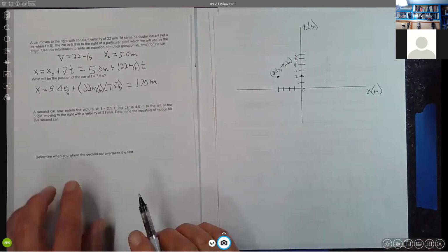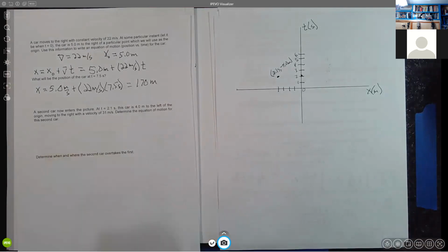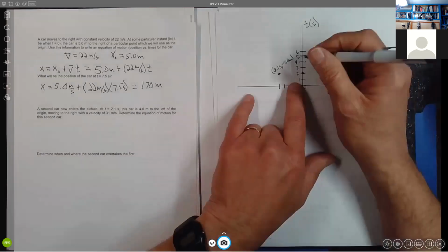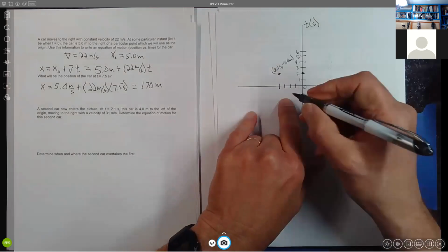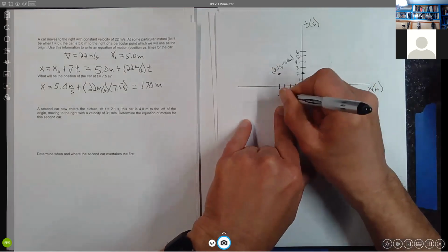And this one, it says, has a velocity of 31 meters per second. Oh, what's this going to look like? I wish I had graph paper. That would really help. But I guess I did -1, -2, -3, -4.